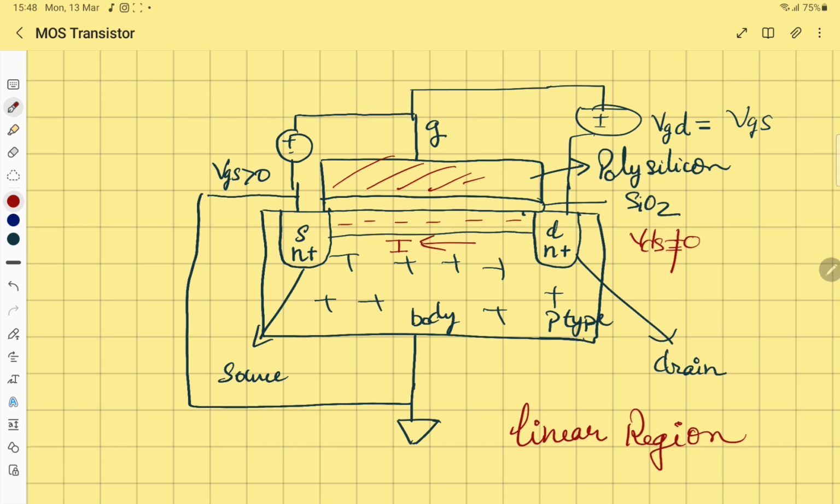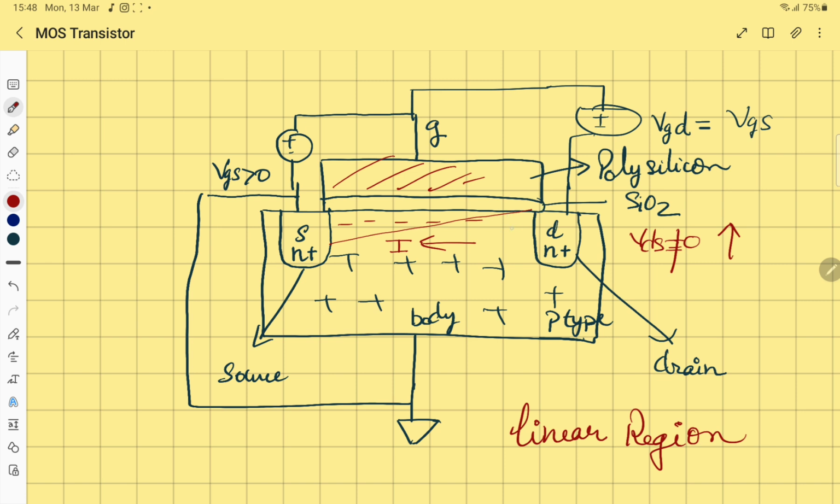Right. Now let's say we keep on increasing this value of VDS. So at one point, what will happen is the capacitor which was forming near the drain is no longer inverted. So what will happen? The channel will look something like this, right?